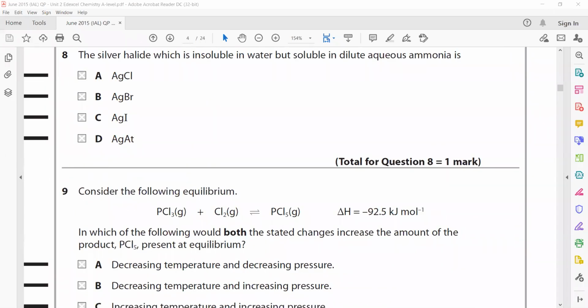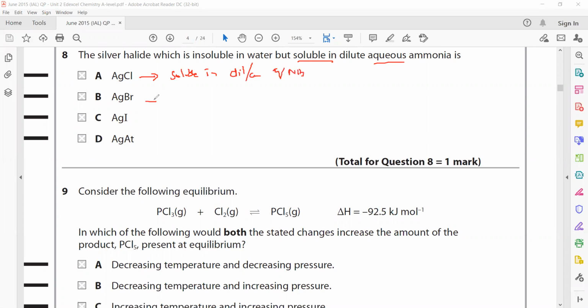For question 8, we have a silver halide which is insoluble in water but soluble in dilute aqueous ammonia. And this one, silver chloride, is soluble in both dilute as well as concentrated aqueous ammonia.